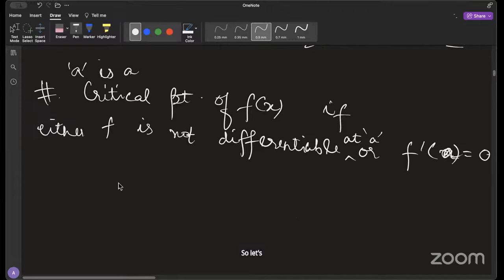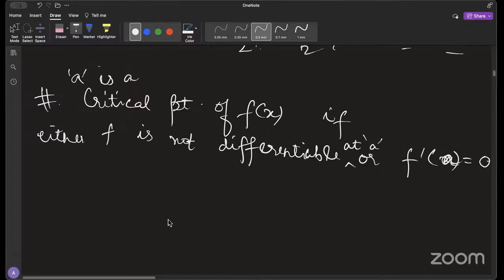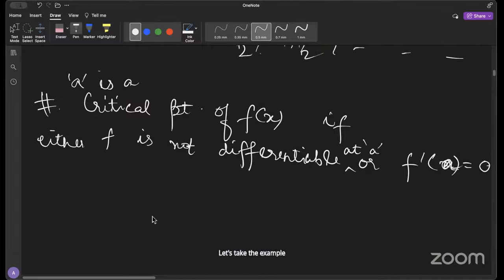So let's take the first one. Let's take the example of sin x only. Yes, this is the definition of critical point which you have just written.